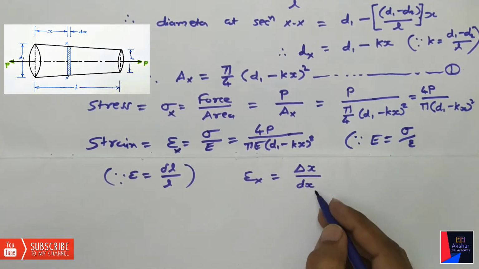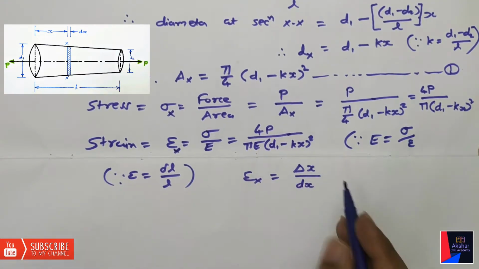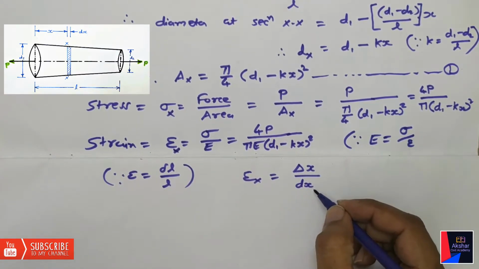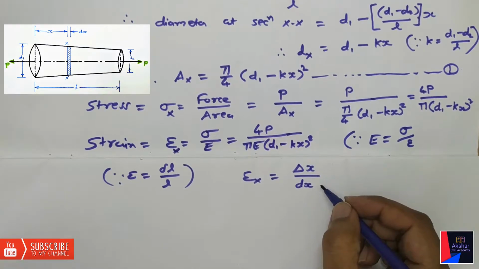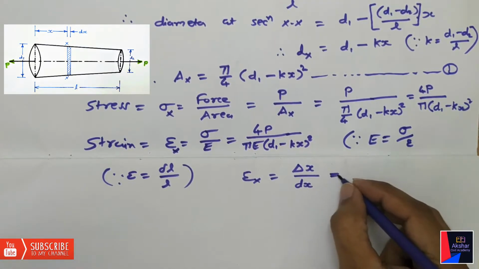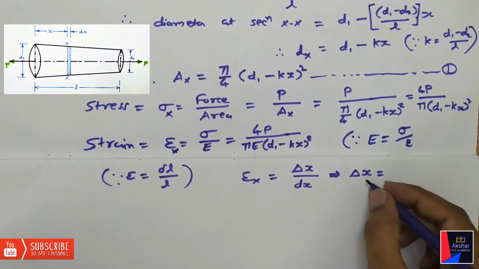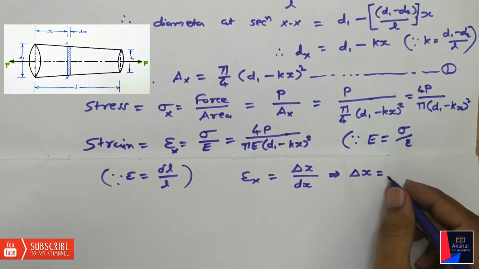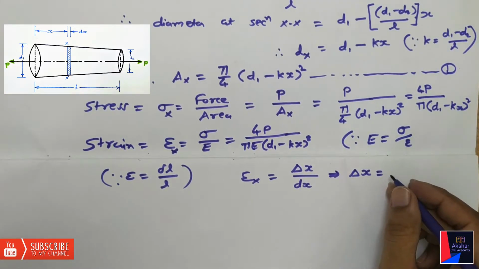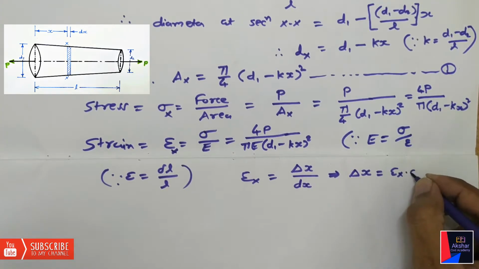We can see in the figure that the original length of the element is dx, and delta x is the very small elongation. So delta x, the elongation of the elementary length, will be equal to epsilon x into dx.